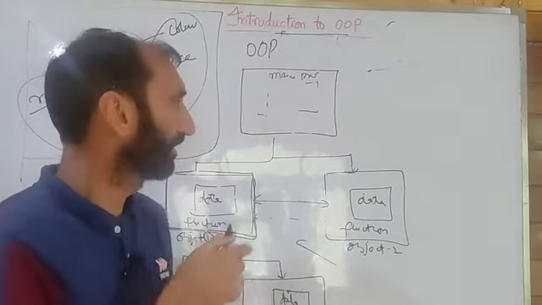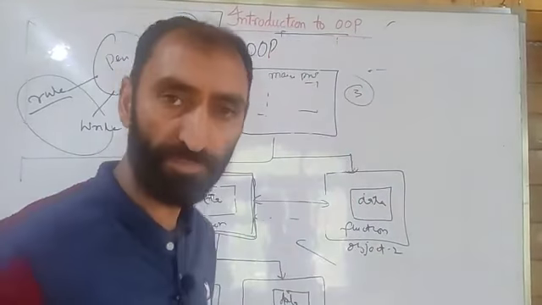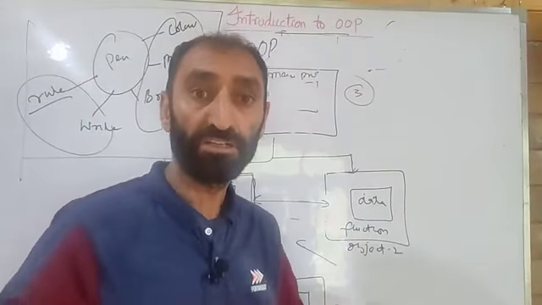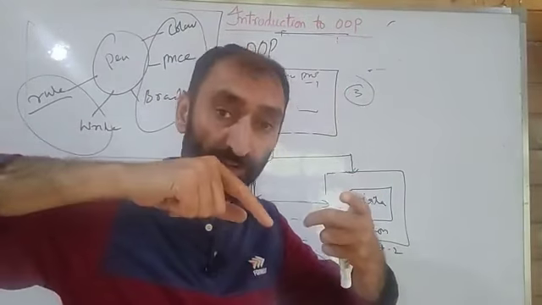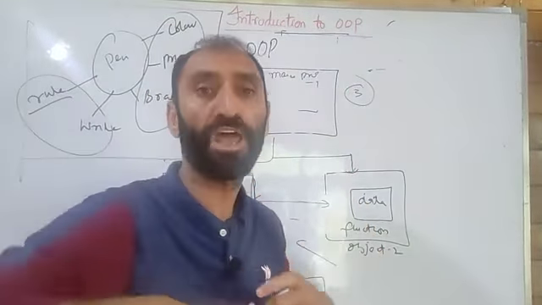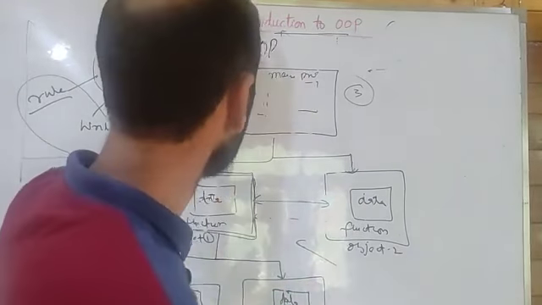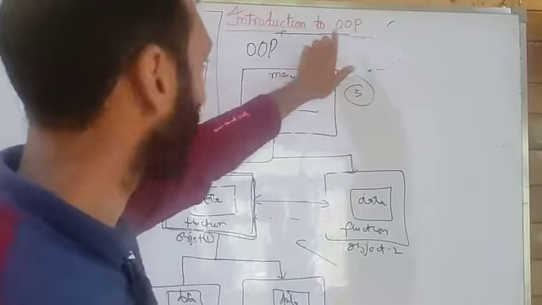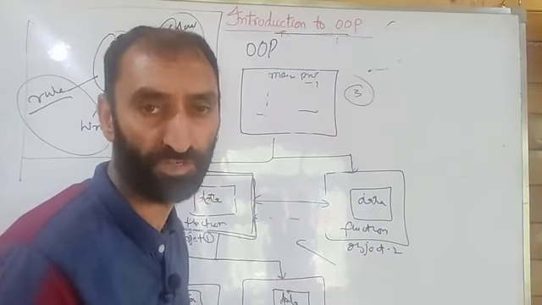The third point regarding this object oriented programming methodology is that the bottom up approach is followed, while in procedural oriented programming the top down approach is followed. So we can say that OOPS, object-oriented programming methodology, is a safe programming methodology.